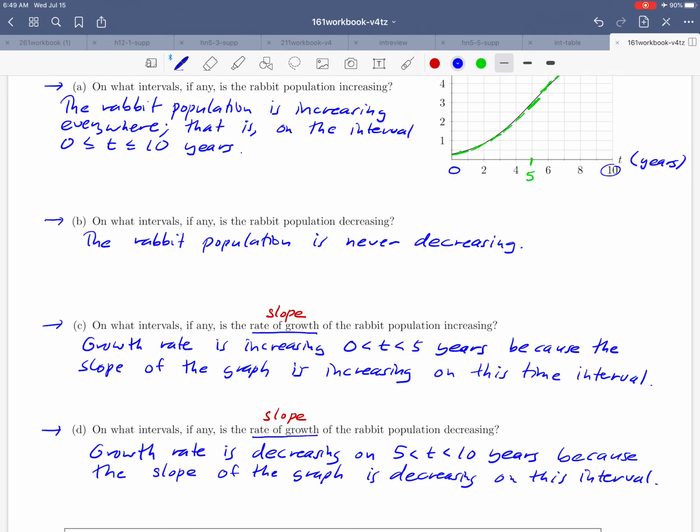I do want to make one comment about notation. This may come up later in this section, so just to make you aware of it: there is an alternate notation for intervals.